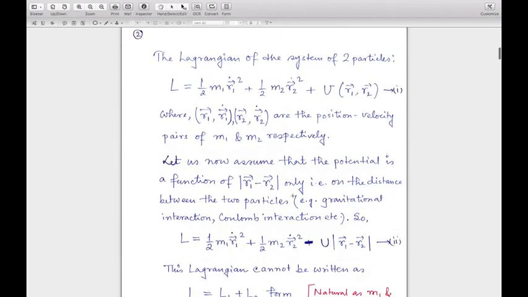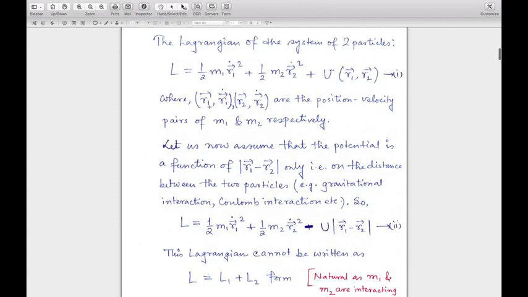Now let us first write the Lagrangian of the system of two particles under mutual interaction. Of course, there should be the kinetic energy terms of every particle. That will be half m1 r1 dot square plus half m2 r2 dot square, plus there will be a potential term U, which will be a function of both r1 and r2. There will be no time dependence, because time dependence can only come, if you remember, when we are talking about external fields, right?